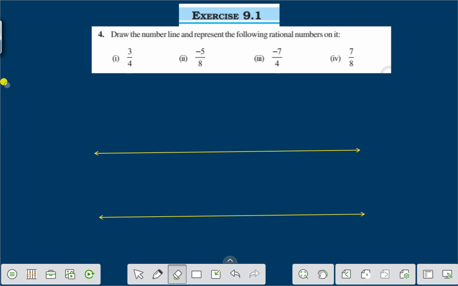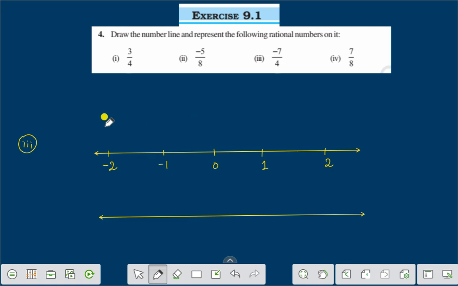Here this is 0, this point is 1, and this point is 2. On the left side this is -1 and this is -2.